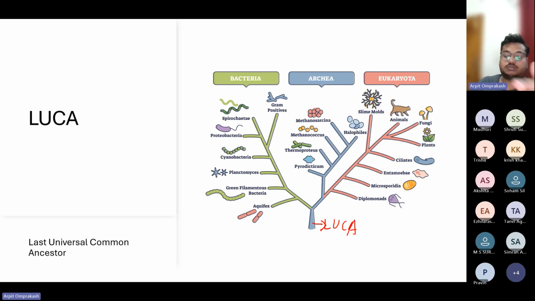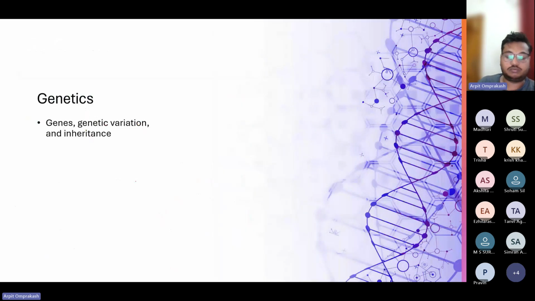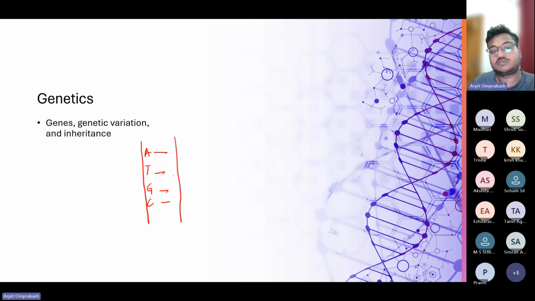As we saw before, DNA is made up of different bases called A, T, G, C, basically adenosine, guanosine, and so on, and all those bases are present in DNA. A single strand of DNA is composed of a series of these bases, and these bases bind with other bases to form a double helix structure.